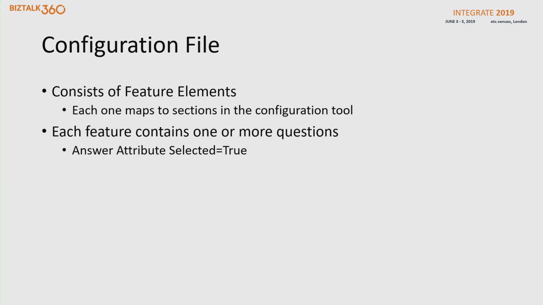And each feature, or each question, I would say, contains answers, and one of them will be selected true with an attribute selected true, and that will be the one that is active.